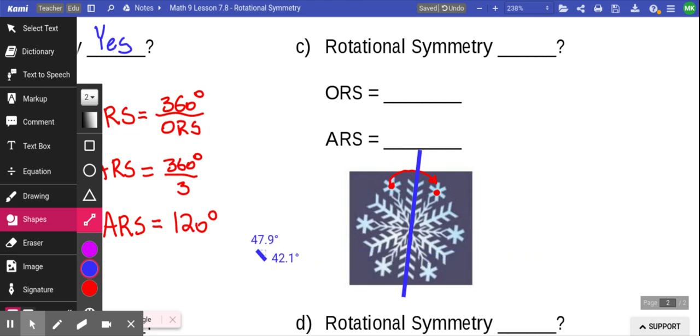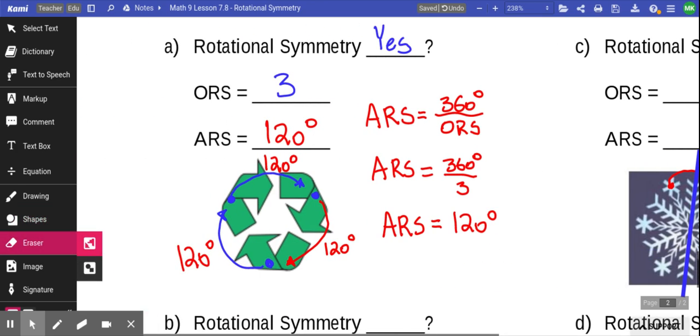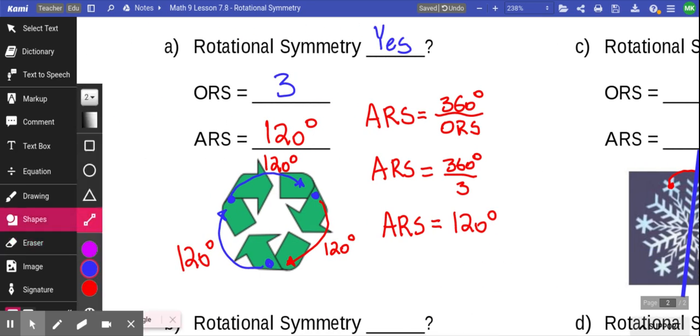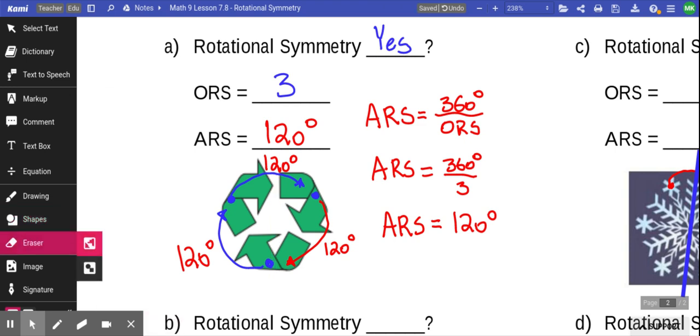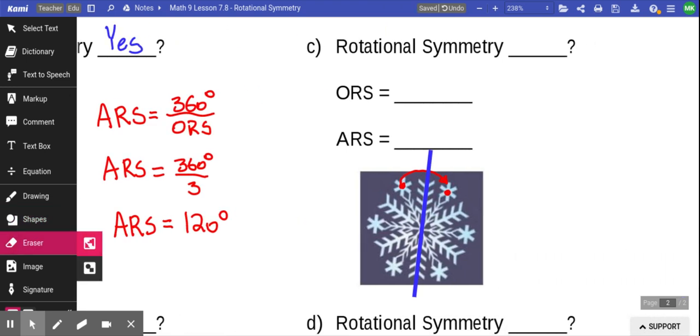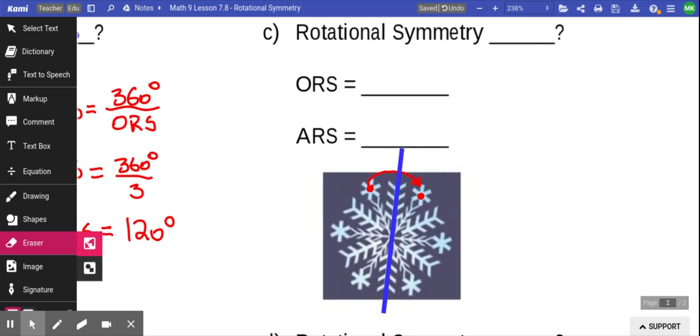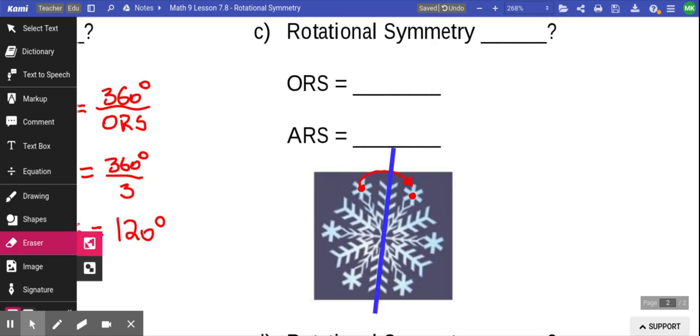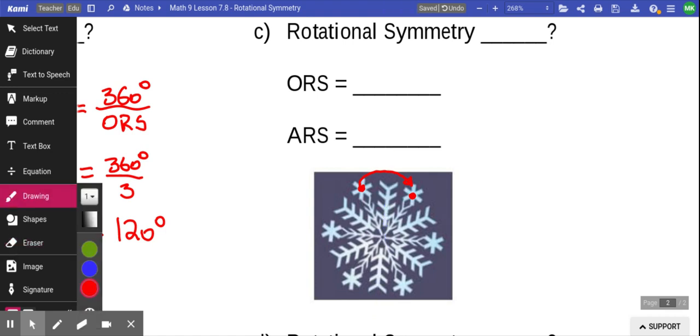Like if I look over here, my recycling thing, if I cut that in half, it doesn't look like it would be working, right? It doesn't look mirrored. But just on questions where it's really hard to tell if something would have rotational symmetry, cut it in half and then see if that worked. That could be like your desperation move. So this thing, I would say yes, it does have rotational symmetry.